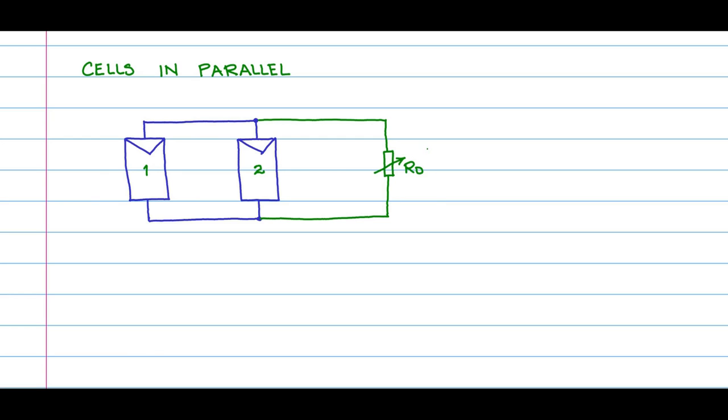Let us call the voltage across the output terminal as Vt, and let us call the current that flows through the external load as I. Now these two are the parameters of importance, and we would like to know what is I versus Vt or I versus V. So this is what we would like to see for the system of cells connected in parallel.